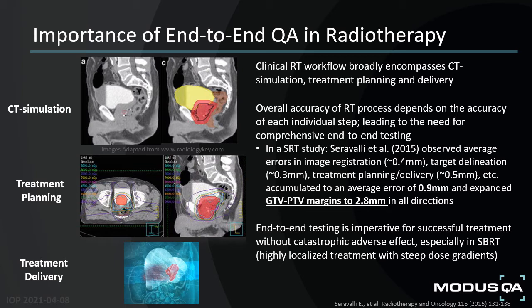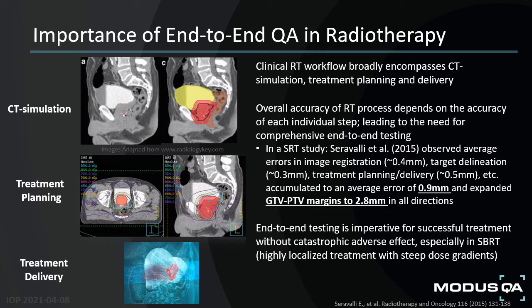And in contrast, an inadvertent overdosage of adjacent healthy tissue could actually escalate the risk of serious injury to a much larger degree than if you were to compare that to an equivalent treatment error in a radiotherapy course where there's substantially lower dose per fraction used.